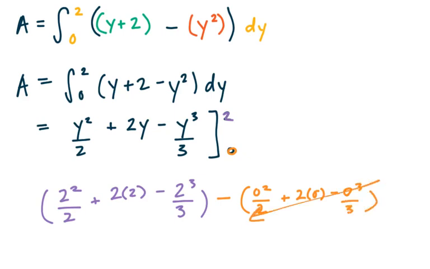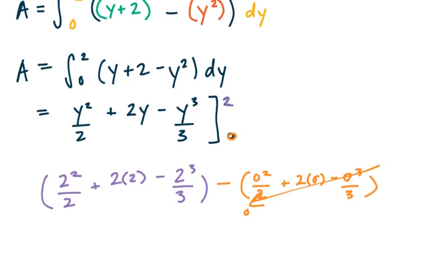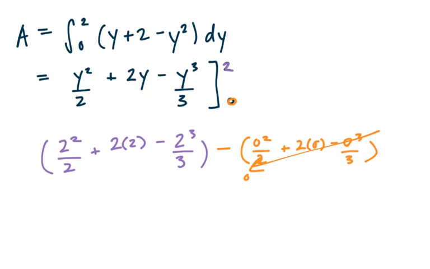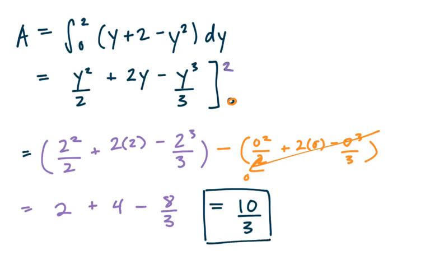So all of that goes to 0. And simplifying this, I have 4 over 2, which is just 2, plus 4 minus 8/3, which simplifies, and we get 10/3 as our solution. 6 minus 8/3 is 10/3.